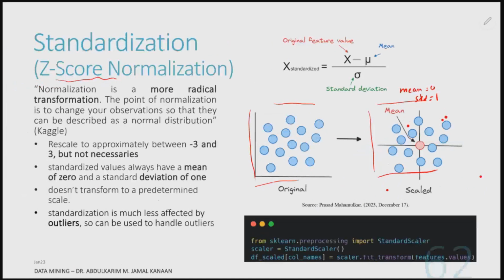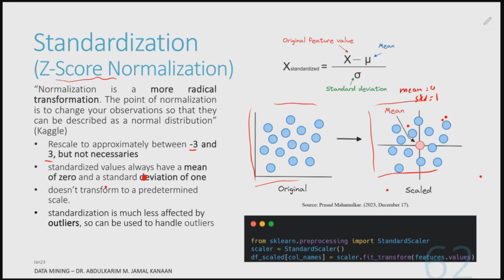Now, the typical value when you apply the equation with mean and standard deviation is between -3 and +3. But not necessarily. They might be lower, like -4, and can be higher, +4. But if you got values greater than 3 or lower than -3, then that means you have outliers.